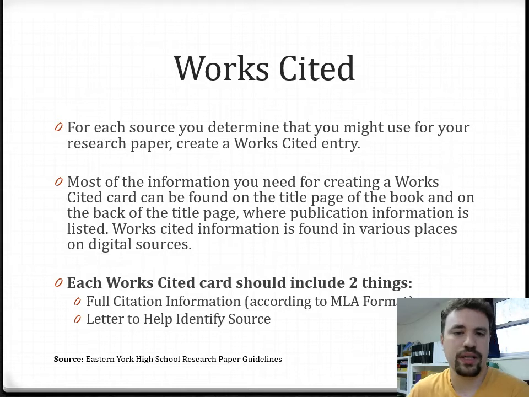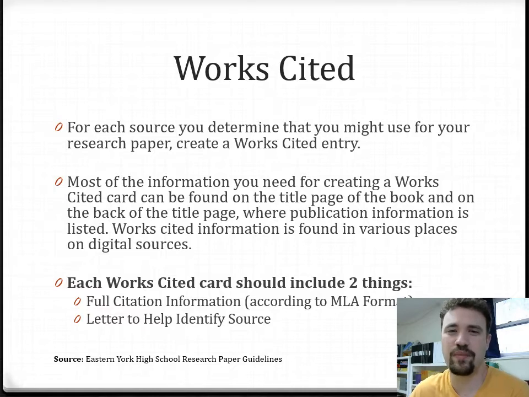All right, so just a reminder, for each source you determine that you might use for your research paper, create a works cited entry. When you're looking at a book, most of that information can be found on the title page of the book and on the back of the title page where the publication information is listed. This is usually true both for digital books as well as for physical books.